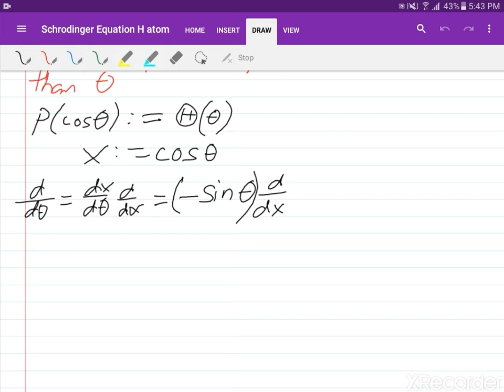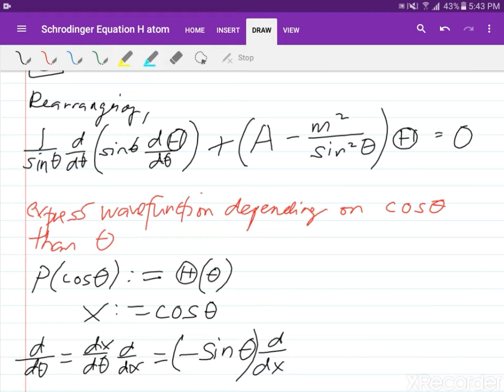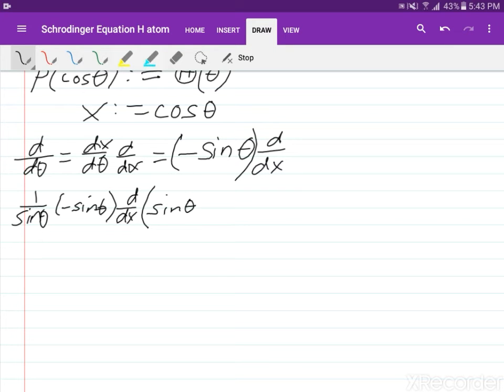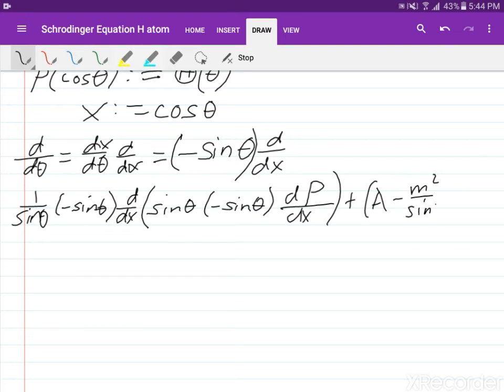Okay, so our differential equation in this form can now be written as 1 over sine theta, minus sine theta d dx of sine theta, minus sine theta d capital P dx, plus a minus m squared over sine squared theta times P equals 0.